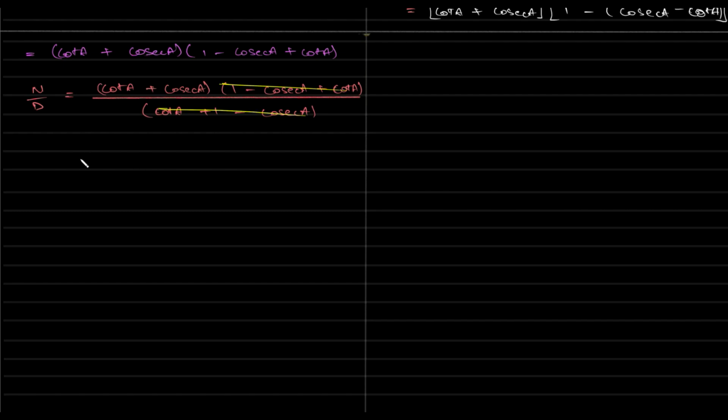We can cancel it. And thus we have the answer: cot A plus cosec A.